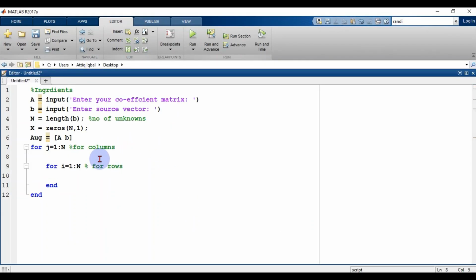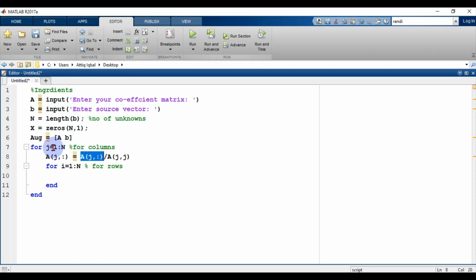Whenever I enter a new column, I will update the row. How? I will divide that complete row by the pivot entry. If I am in the first column, j will be 1, so I will update the jth row by dividing the jth row by ajj.